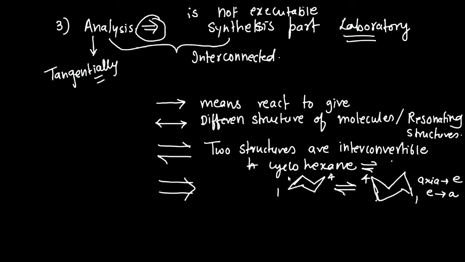So this is the interconversion. Such interconversion is represented by this arrow, but we are interested in this arrow, the two lines with a single head, which is the retrosynthetic arrow.